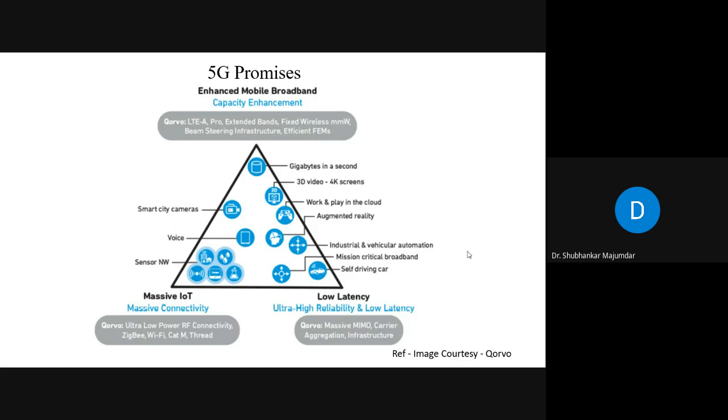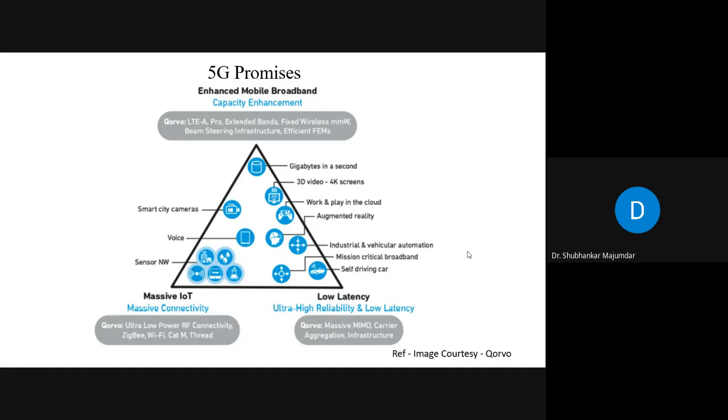If it goes to higher frequency ranges, the bandwidth increases, and if the bandwidth increases, the channel capacity increases. As you all know from the Shannon-Hartley theorem, the channel capacity C is equal to bandwidth times log of 1 plus SNR. So if we increase the bandwidth of the system by increasing the frequency of operation, we can increase the channel capacity.